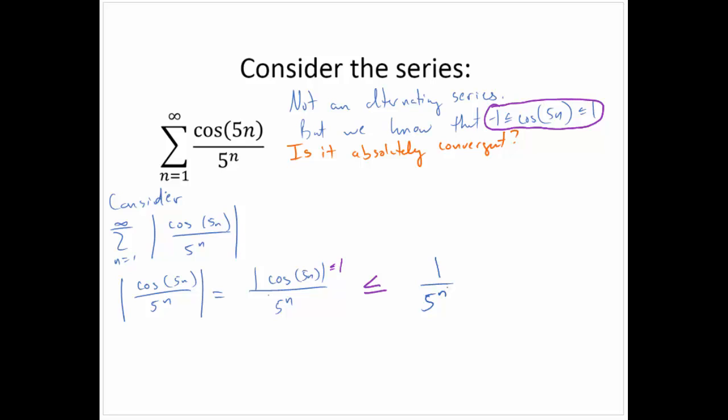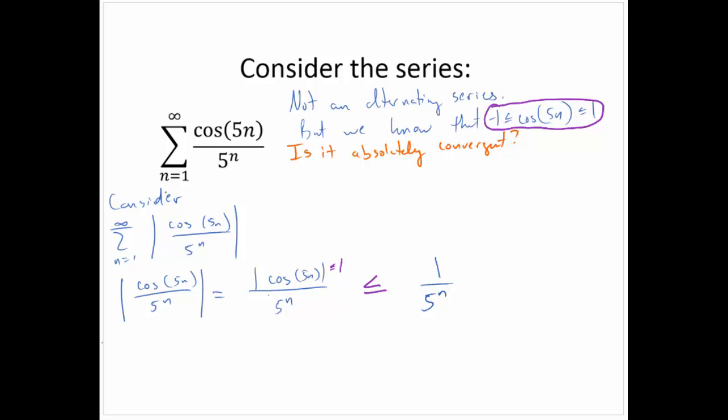So what have we just done? We've taken the terms of a series, these absolute value terms, and we've shown that those terms are less than or equal to 1 over 5 to the n.